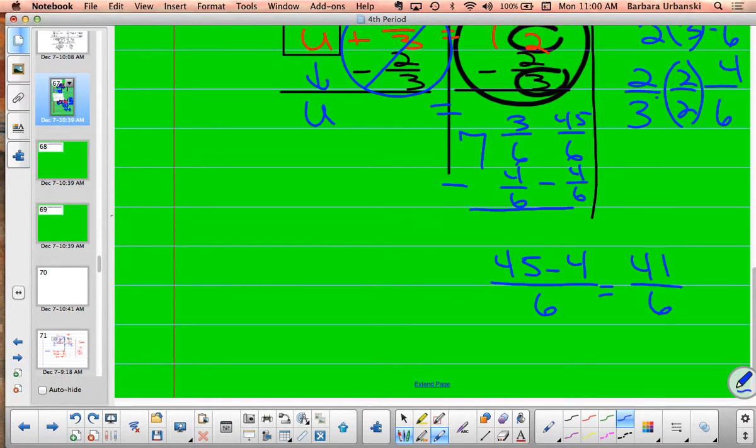And if we want to turn that improper fraction into a mixed number, we'd say 6 times what gets us to 41? And we would end up with 6, which would be 36. And we would have 5 left over and keep the denominator. So we would either have 41/6 or 6 5/6 would be your answer. That's it.